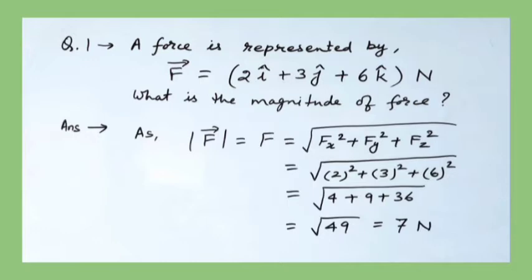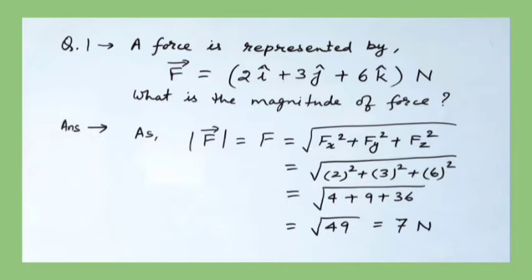So, substituting the values of Fx, Fy and Fz, it is equal to under root 2 square plus 3 square plus 6 square, and solving it we get under root 49, which is equal to 7 Newton. So, magnitude of force is 7 Newton.